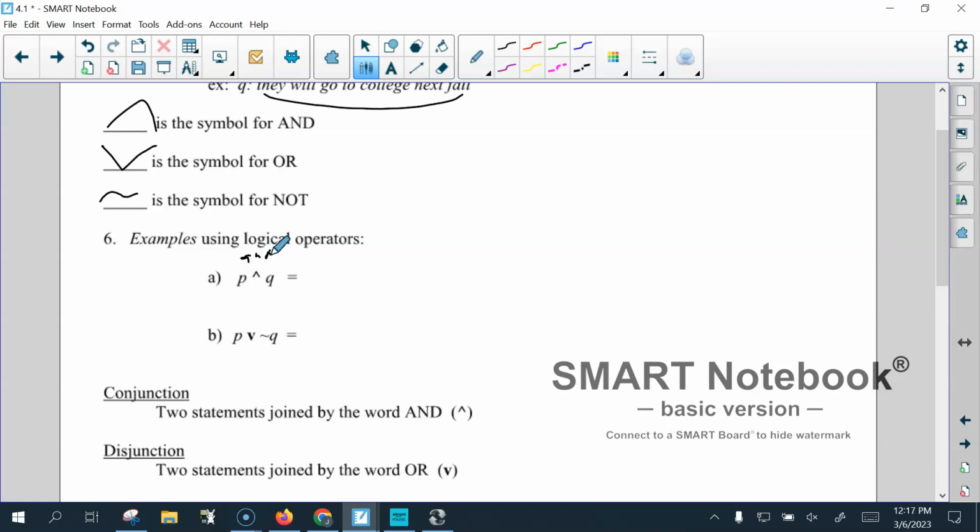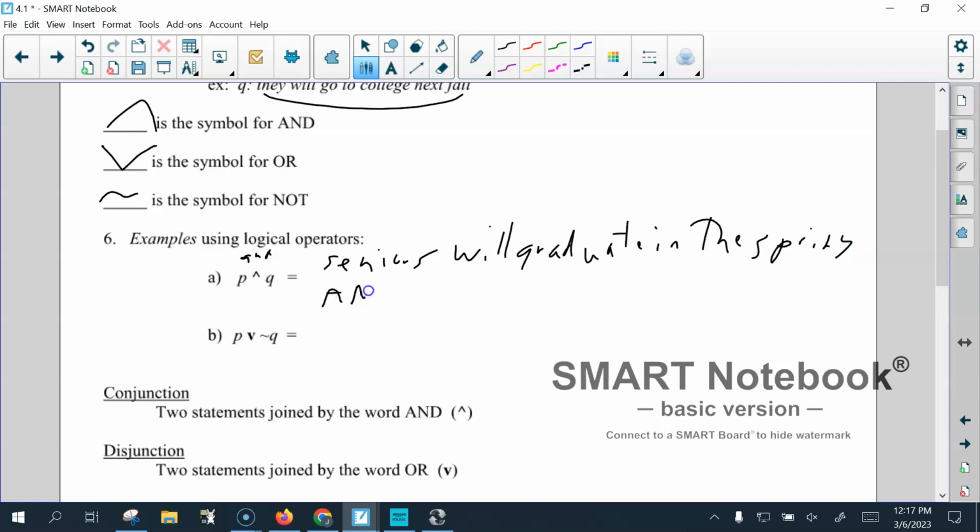So we substitute back in the statements we have. So seniors will graduate in the spring. We just write that. That's the P. And obviously we don't have to capitalize it when we write normally, but I'm just emphasizing it.